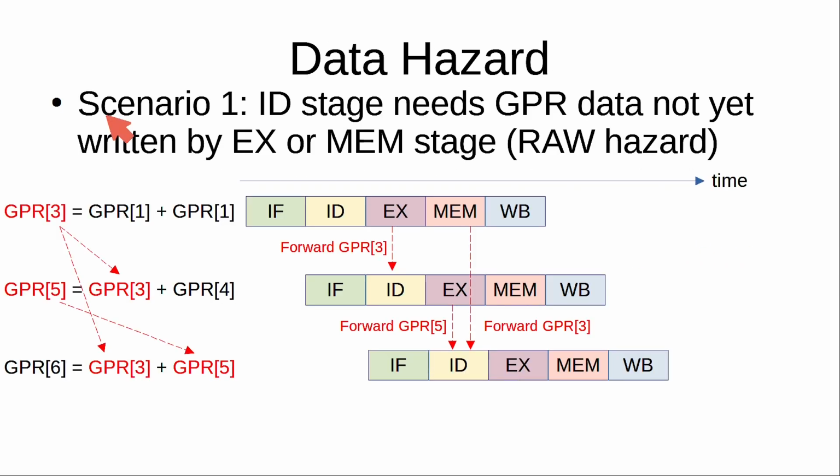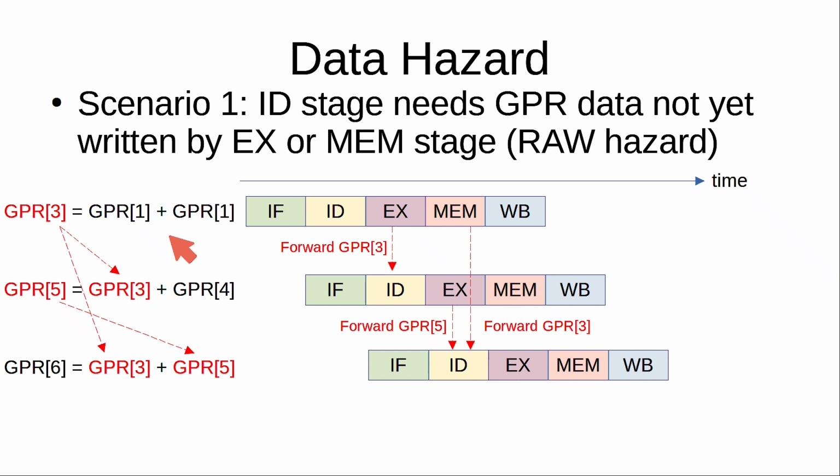The first possible data hazard scenario in our processor design is that the instruction decoding stage needs the GPR data that has not been written yet by the execution or memory stage. This is also known as the read after write hazard, because in the instruction decoding stage, we are trying to read, while before that, the write has not been completed yet.